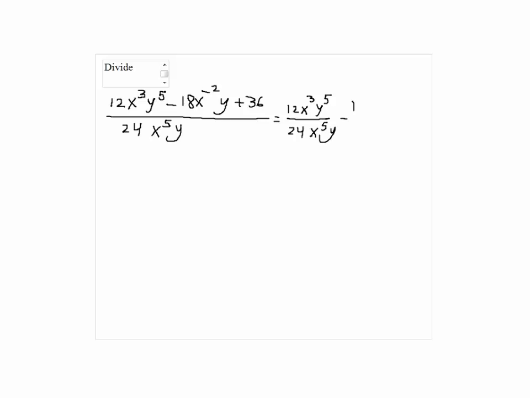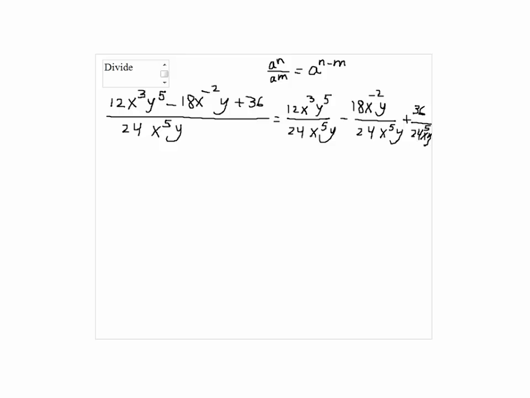Since we're dividing by a one-term polynomial, or monomial, we can separate these as 12x to the power of 3, y to the power of 5, over 24x to the power of 5, y, and the second term would be 18x to the power of minus 2, y, over 24x to the power of 5, y, plus 36 over 24x to the power of 5, y, same denominator.